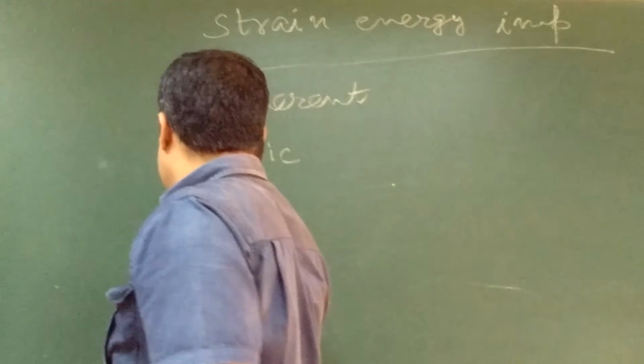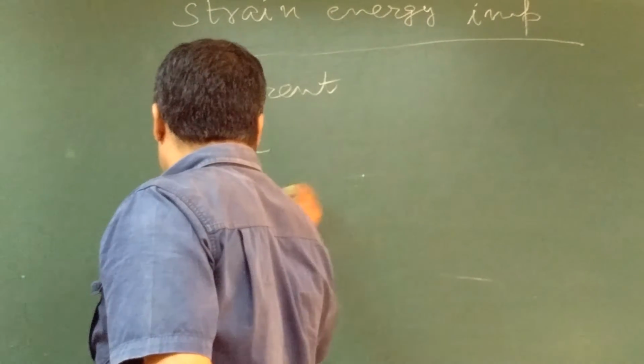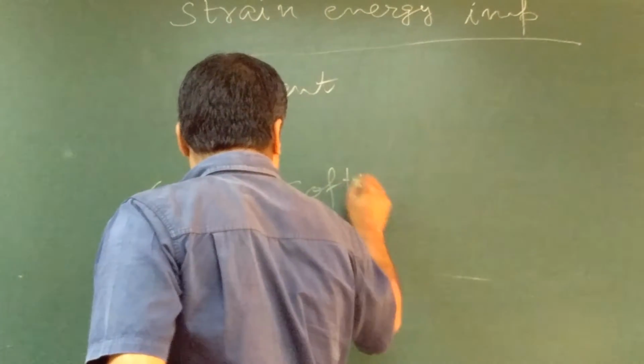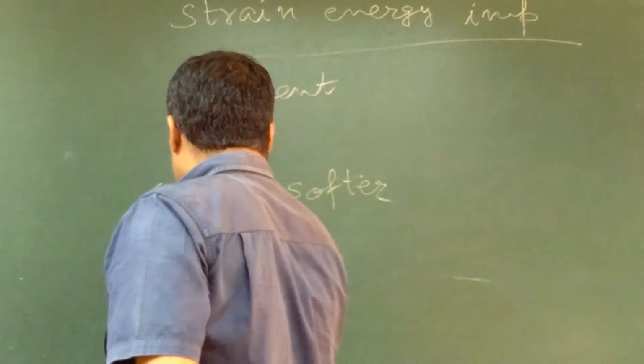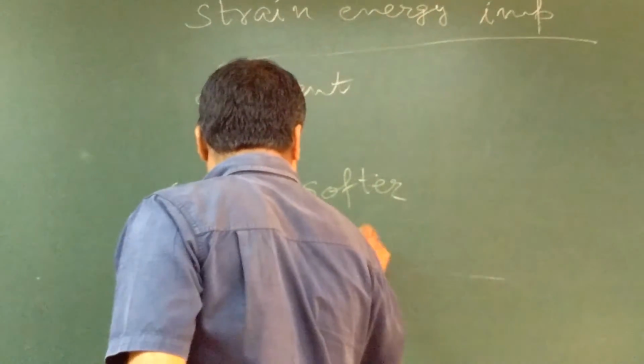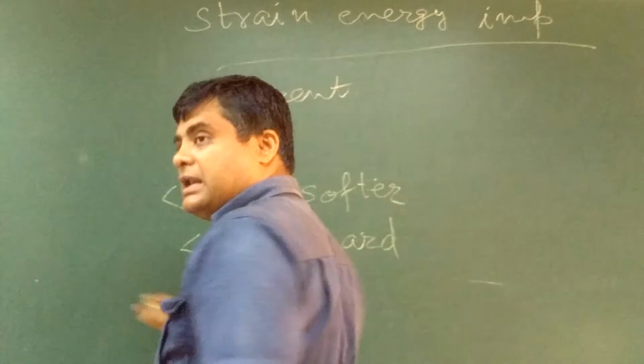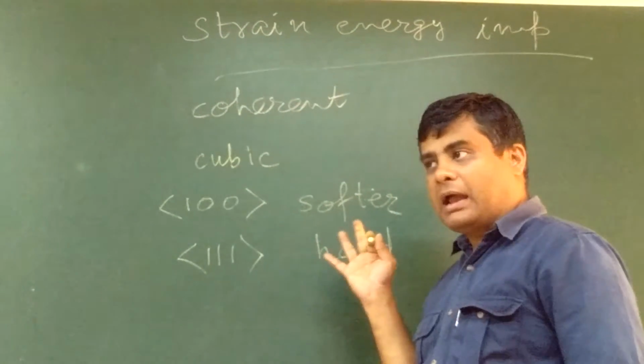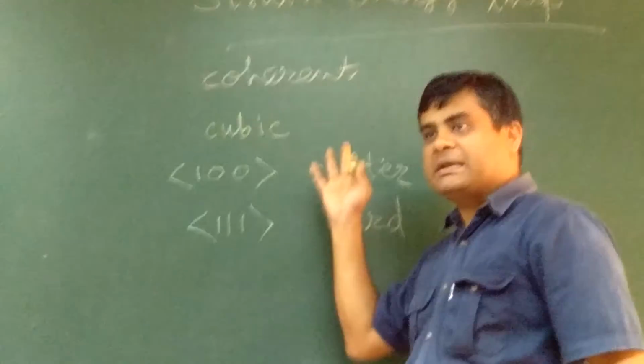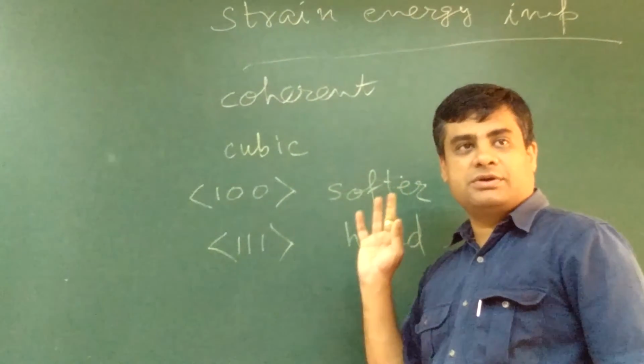So 100 directions are usually softer and 111 directions are hard. Meaning stiffness is more along the 111 direction, stiffness is low along 100 directions.